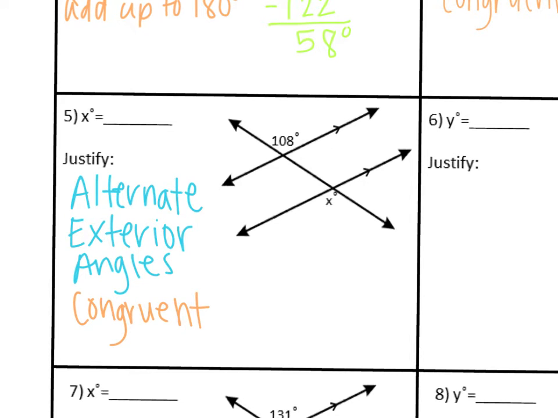So that means if this angle is 108 degrees, X is also 108 degrees. Remember last week when we were looking at the angles and started to discover that due to transformations, if the lines are parallel, the alternate exterior angles will be congruent.